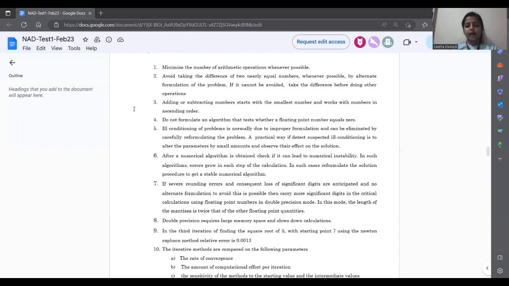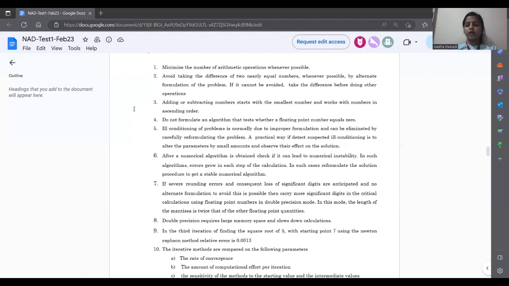When adding or subtracting numbers with different magnitude, it is important to start with the smallest number to reduce the impact of the limited precision of floating point arithmetic. This is because small numbers have fewer digits and are less sensitive to rounding errors than large numbers. By working with numbers in ascending order, we can also reduce the accumulation of rounding errors and numeric instability.